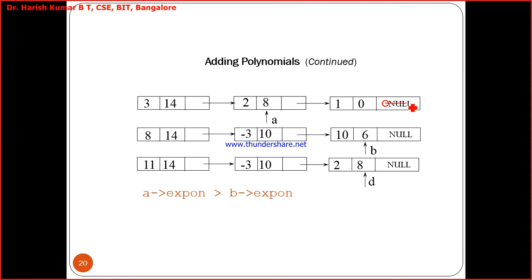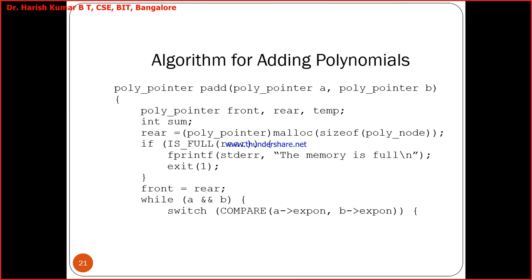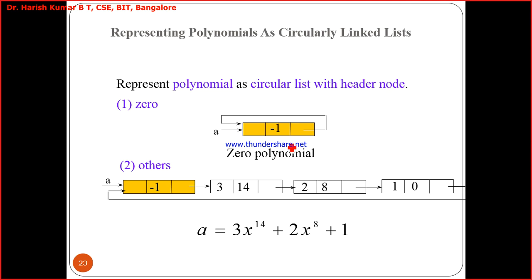I'll remove this null and store the address of the first node here. It's nothing but from this node I can go back to the first node. What is it? A circular singly linked list. Correct? That is what I'm trying to explain here. Is that clear?